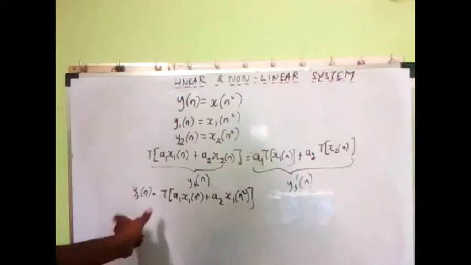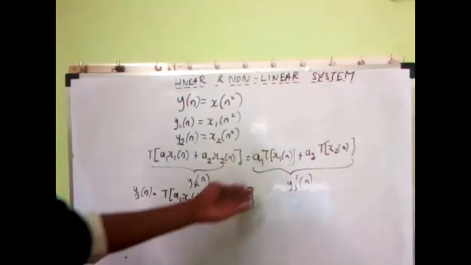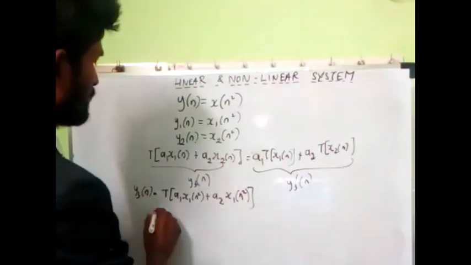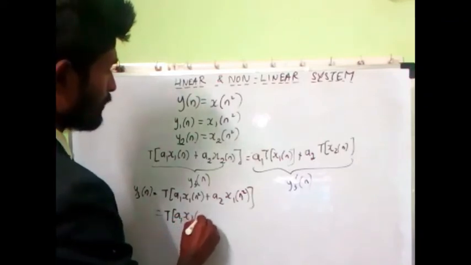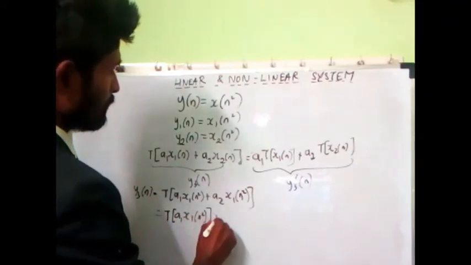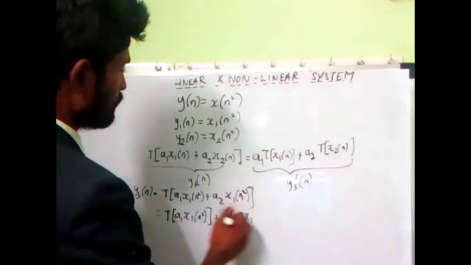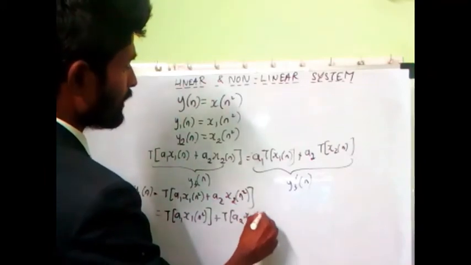Now, this is about y3 of n, and we apply it here, right? Now we multiply here. This is equal to T of a1 x1 of n square plus T of a2 x2 of n square.